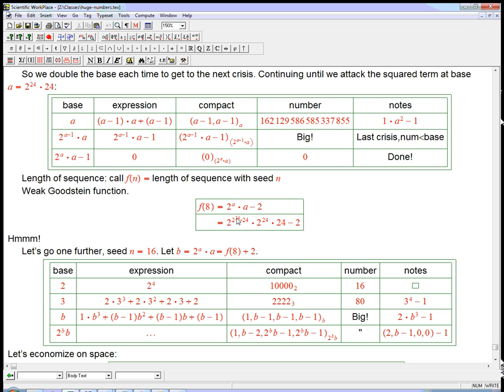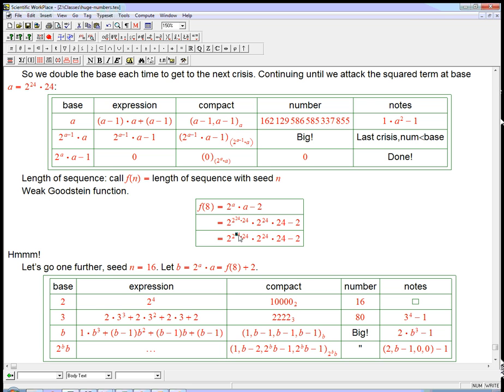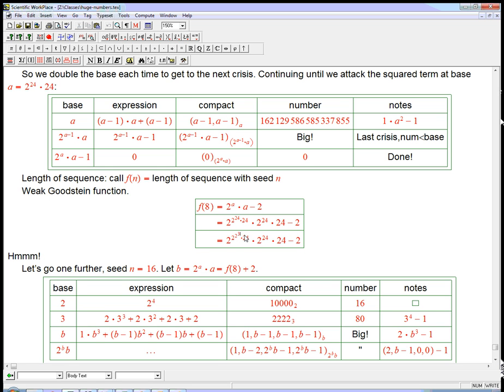Okay. And what is 24? 24 has a similar structure. 24 is 2 cubed times 3. And so everywhere I see a 24, I'm going to put a 2 cubed times 3, again utilizing cut and paste because that's a way to do recursion.